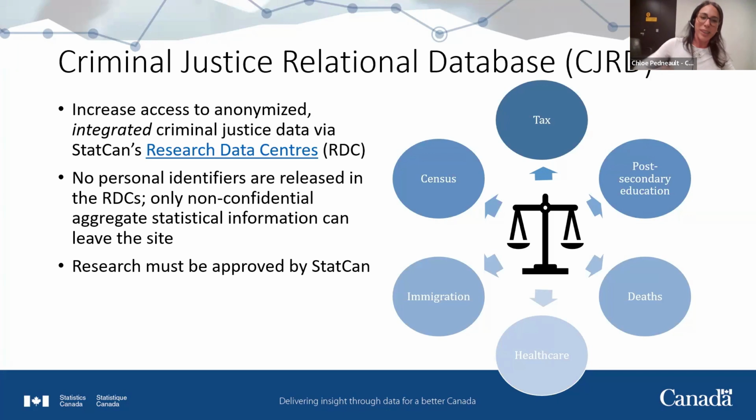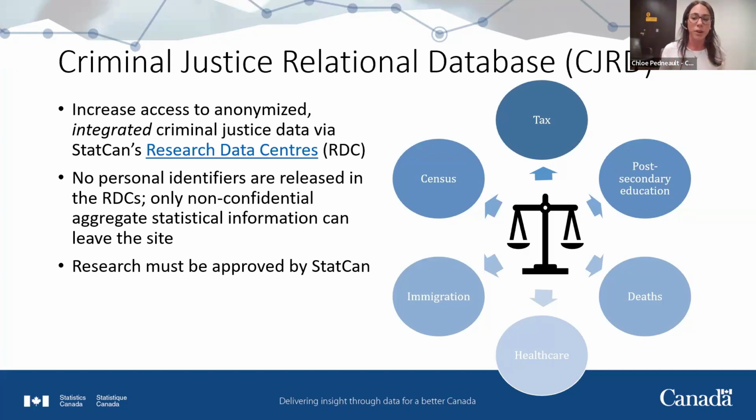Okay, so it consists of a number of data sets that can be integrated together using an anonymous integration key. One of the key features of this database is that it doesn't include personal identifiers directly on the data sets that are being released.